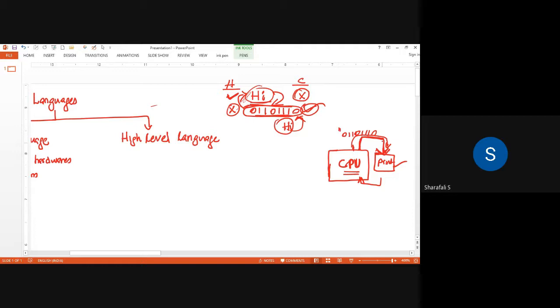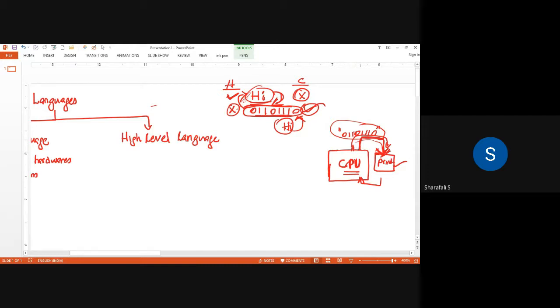But simply, if you consider this "hi" only, to get it out from the printer, this code has to be passed to the printer, or some other code converted by whichever application we use to write this text. Basically, the system communicates with its internal hardware by using this binary code.